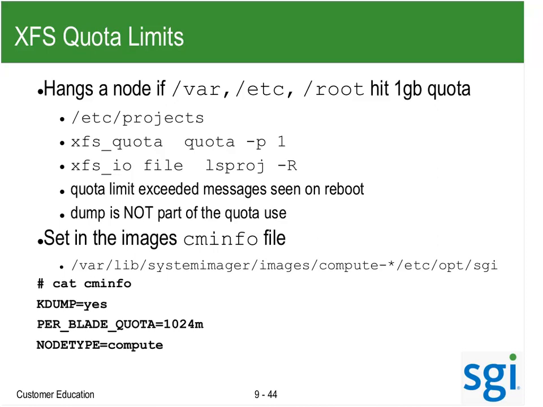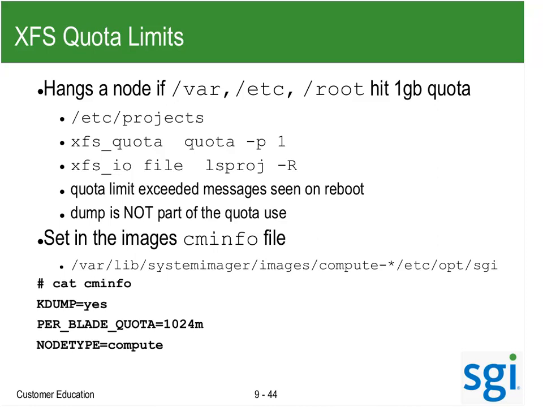So every node gets their own quotas. The XFS quota command, quota -P, can print out the quotas for that particular project ID, or we can get the project ID for a file from lsproj. Have to be careful when you fill up root. You may hang it, or you just may have a slow responding system. But when you reboot, the quota limit is bumped up a little bit, but you're still going to have problems on boot.